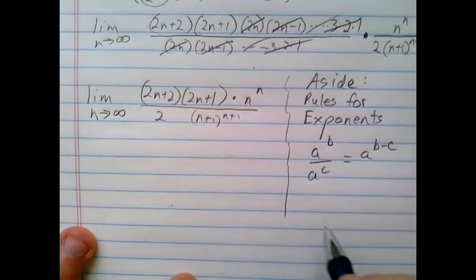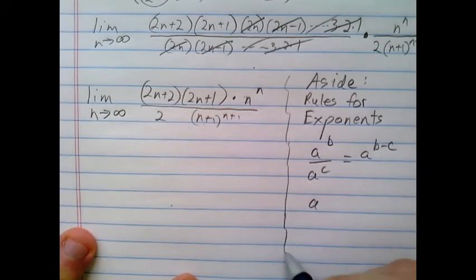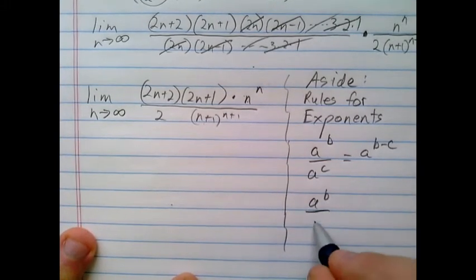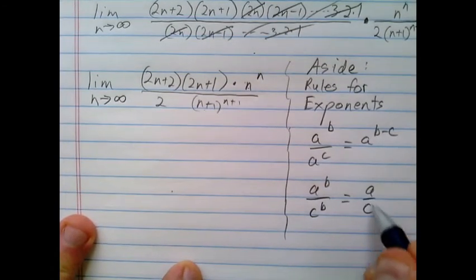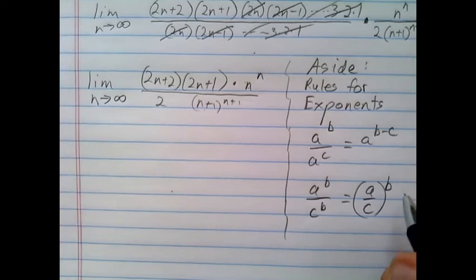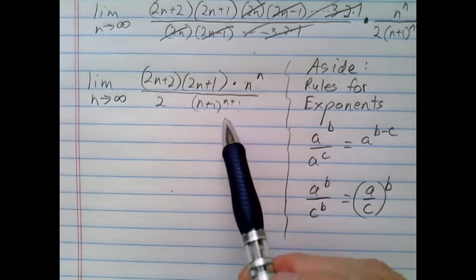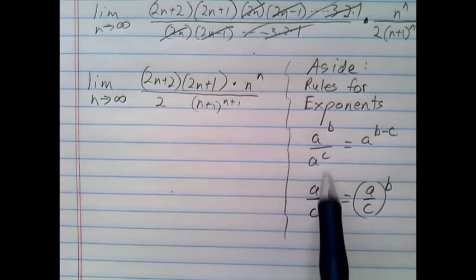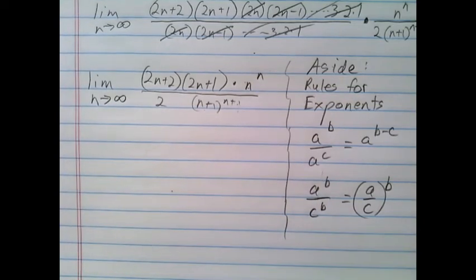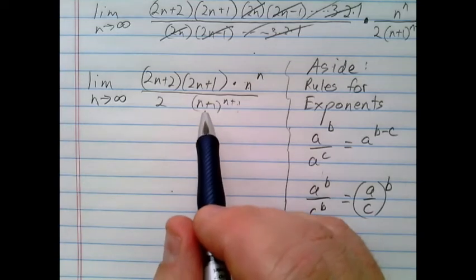I've got another rule that says if the powers match but the bases are different, then I can rewrite that as one fraction raised to that common power. Right now, since I don't have matching bases and I don't have matching powers, I can't really use either of those rules. But here's one thing I can do.